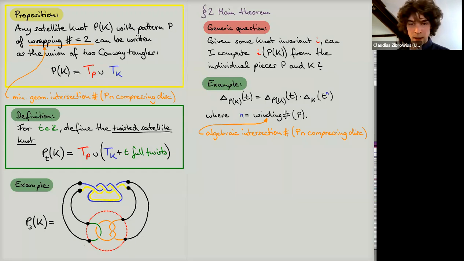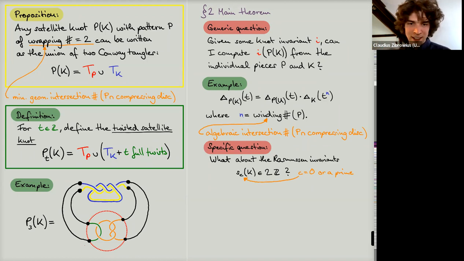The question that our theorem tries to answer, at least in a direction, I'm not going to answer this in general, but in the simplest non-trivial case is, what about the Rasmussen invariant? Can we somehow understand the Rasmussen invariant of a satellite knot, such as this satellite knot here?